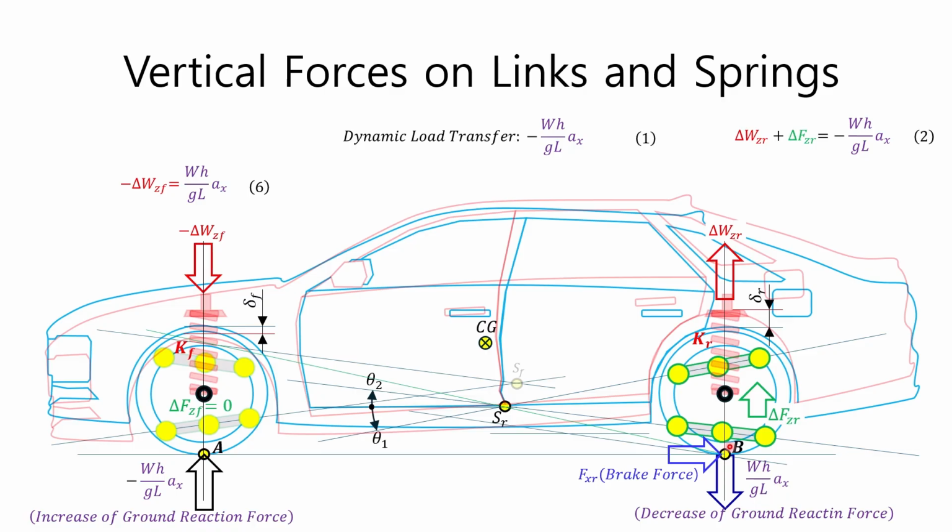Consequently, since the vertical dynamic load transfer is constant in absolute values in the rear suspension, if the force acting on the rear links increases, the force acting on the rear spring decreases, and conversely, if the force acting on the rear links decreases, the force acting on the rear spring increases. However, in the front suspension, since no vertical force acts on the front suspension links, the force acting on the front suspension links is zero, and force acts only on the front spring.